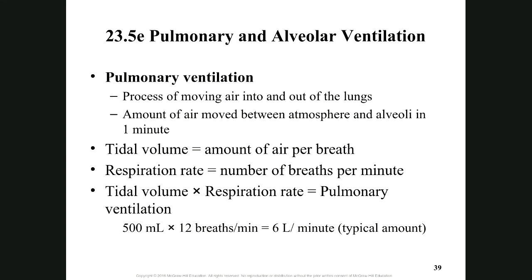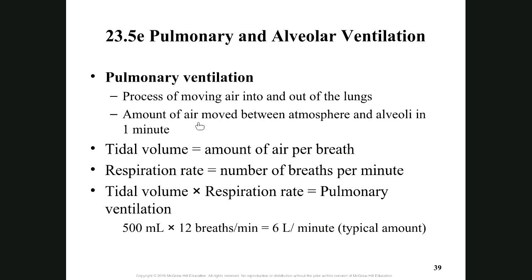And the other terms which we have in respiratory physiology are pulmonary ventilation and alveolar ventilation. You know that ventilation is the process of moving air inside and outside of the lung. The amount of air moved between the atmosphere and the alveoli in 1 minute is called pulmonary ventilation.